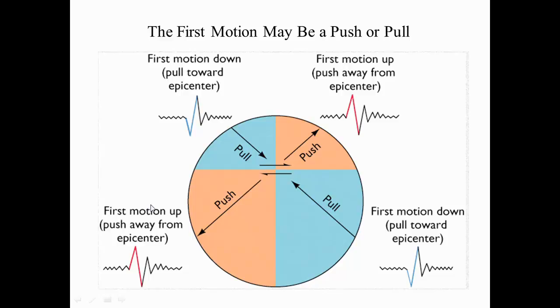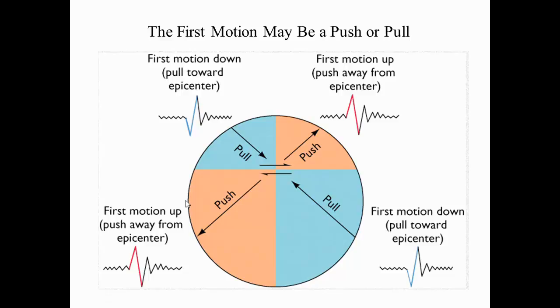So basically we're plotting whether the first motion was a pull or a push for each one of these different locations. Now the pull quadrants are color-coded blue, whereas the push quadrants are color-coded orange.